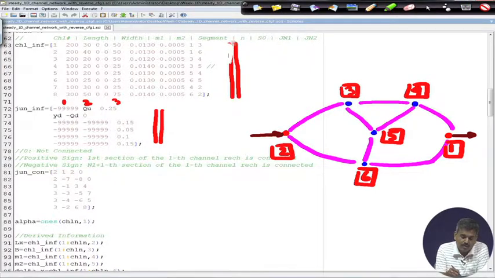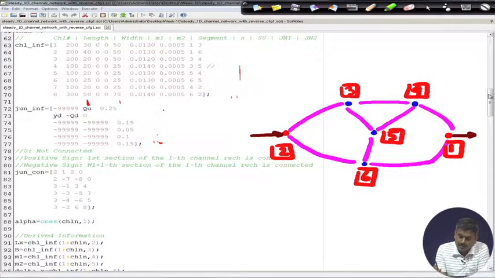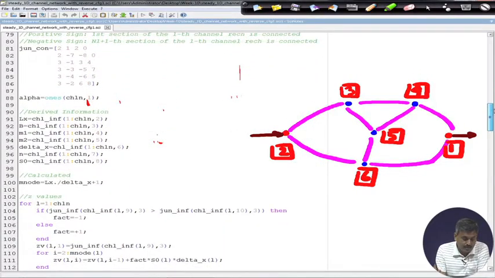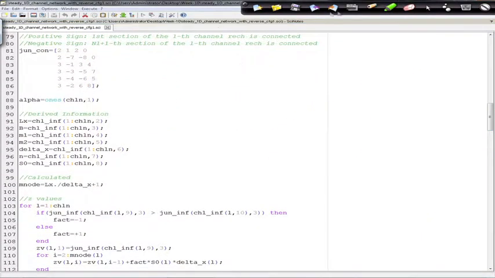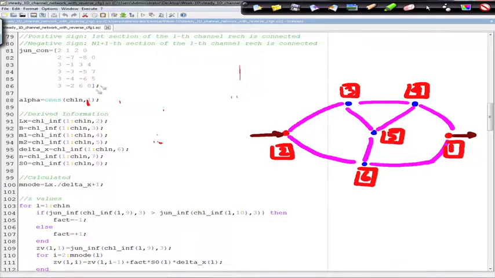Now, we have this junction connectivity, then alpha values.